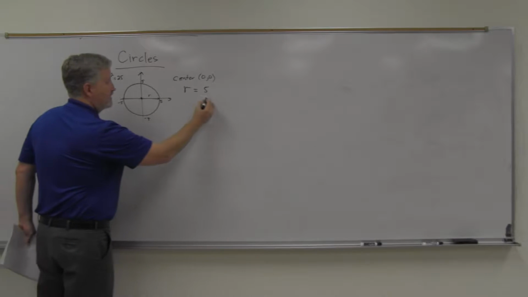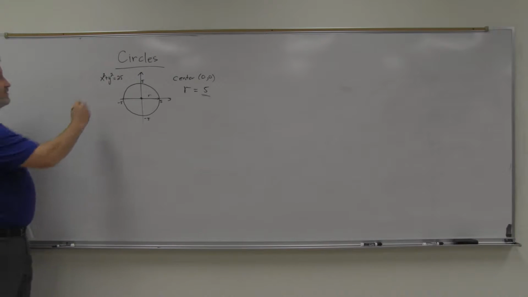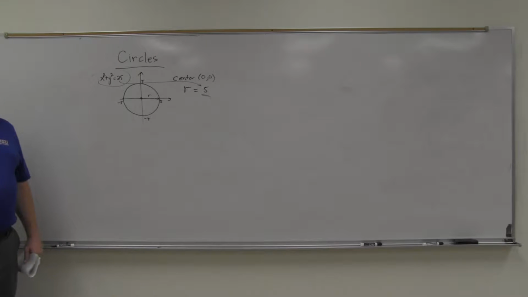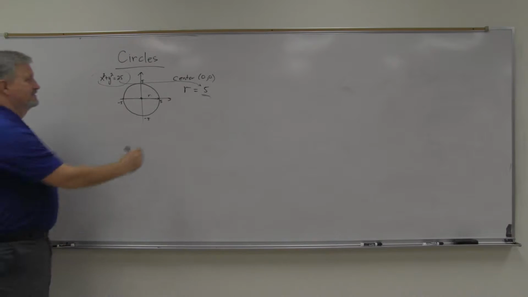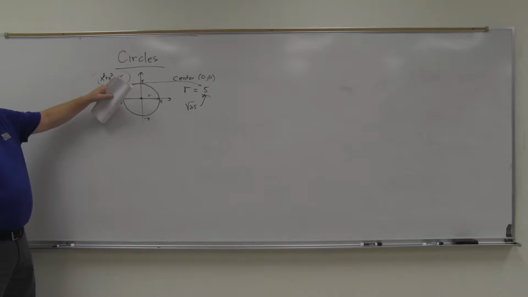But do you see how that 5 comes in from this equation here? Isn't that 5 related very much to that 25? It's the square root of 25. Or another way to put it, this number right here is r squared, the radius squared.